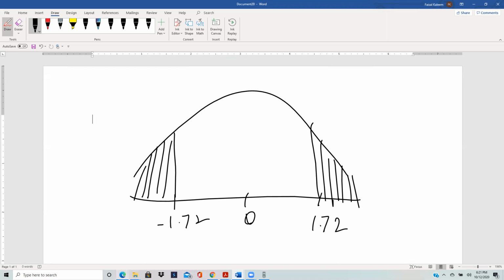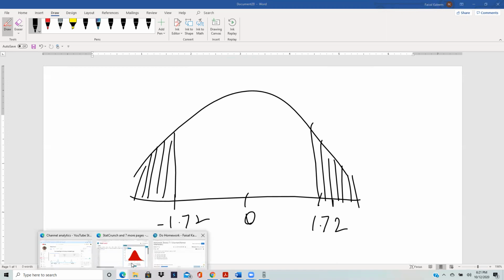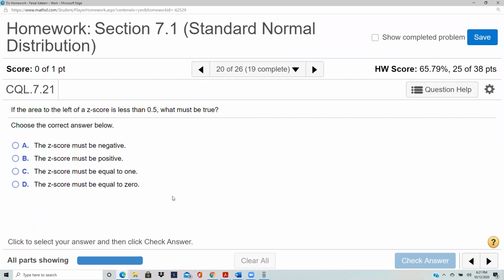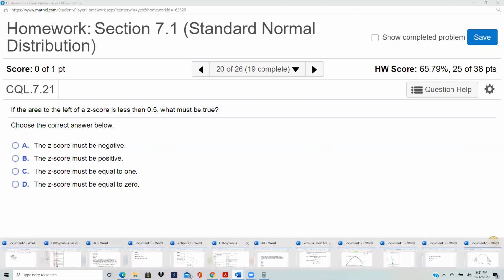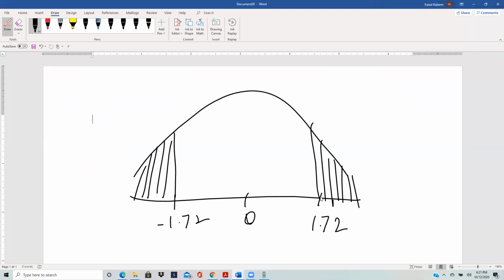So they were saying that if the area to the left of a z-score is less than half, then what must be true? What must be true is that the z-value must be negative. You see from the picture that if the z-value is positive, then the area to the left of it is more than half of the total area.